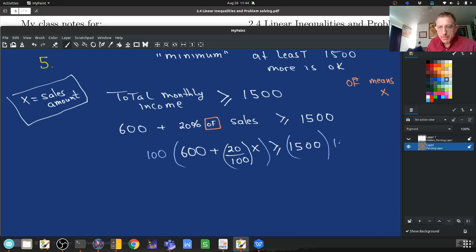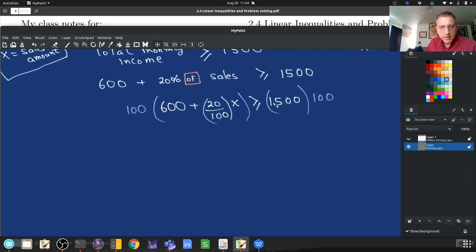So when you multiply both sides by 100, you take the existing quantity. Well, you've got to use distribution over here. But in one direction, it's going to be really quite simple. You take the existing quantity and just add 2 zeros. So my 600 times 100, I just add 2 zeros.